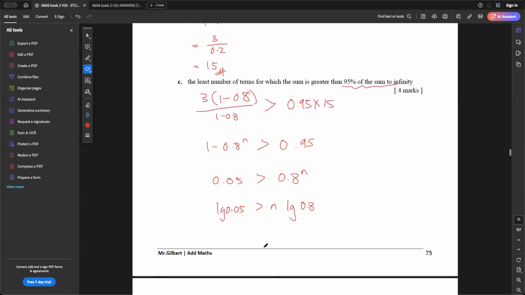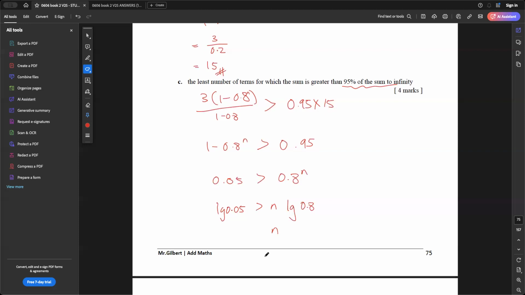And then lastly, we solve for n. No, because I think log 0.8 is a negative number. So, guys, I want to point out one thing. When you bring log in an inequality, log 0.8 actually is a negative number.